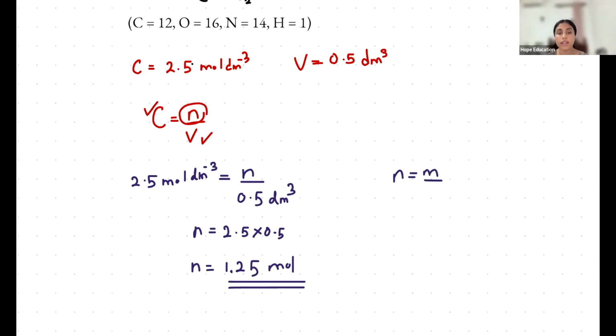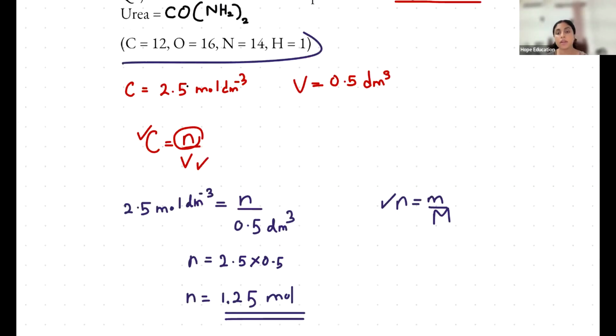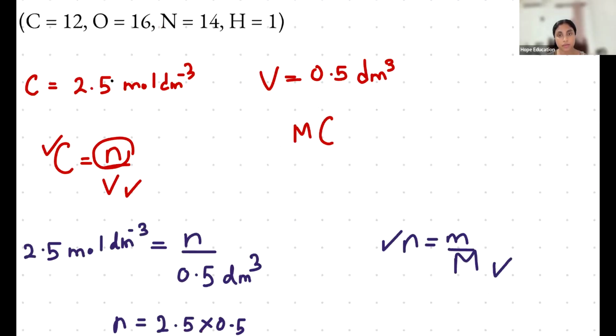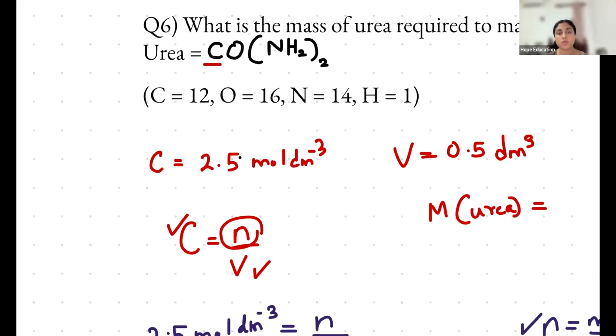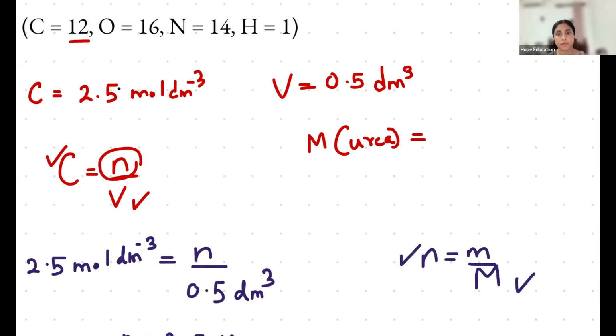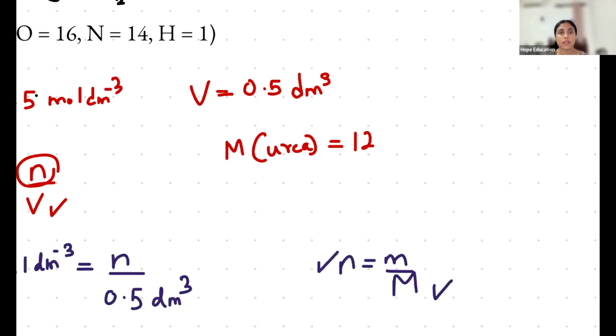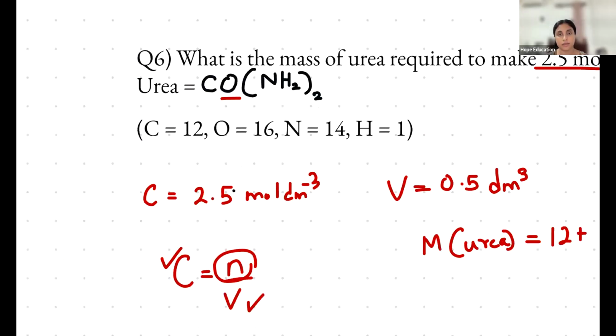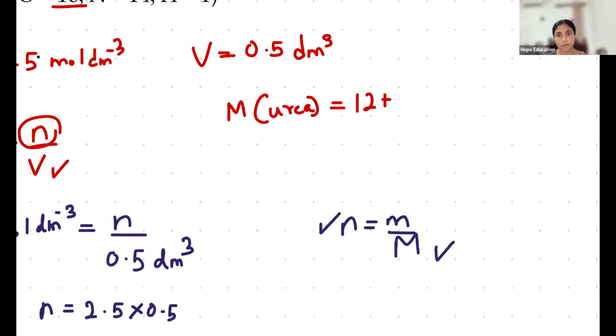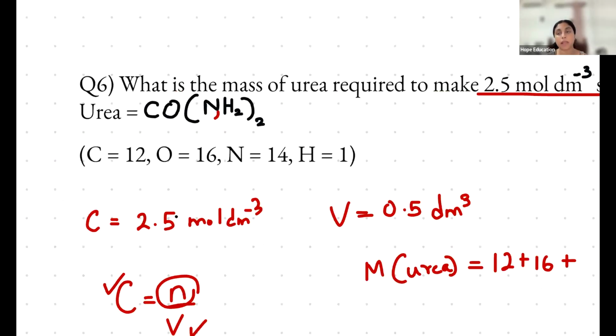Now I have the number of moles here. Molar mass I can calculate from here. First of all, we'll calculate the molar mass of urea. There is 1 carbon, so carbon is 12. Plus, there is 1 oxygen and oxygen is 16. There is one nitrogen here, but it is multiplied by 2. So 1 times 2, there are 2 nitrogens here.